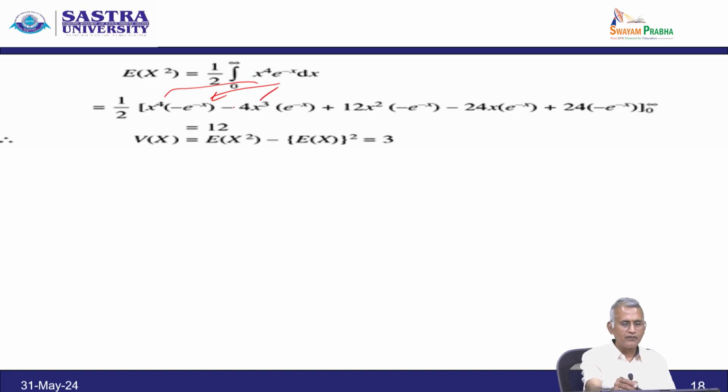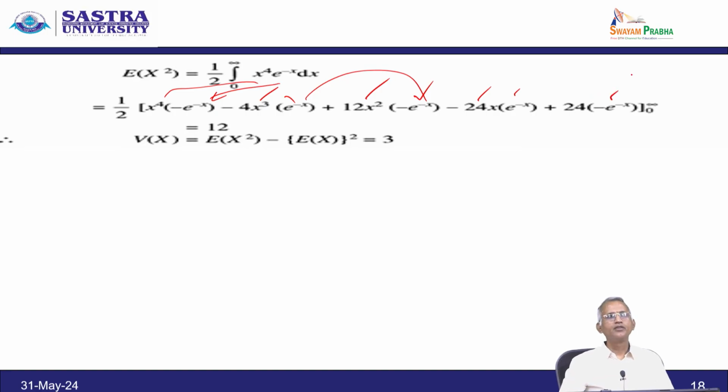Then 4x cube is differentiated to 12x square, and the corresponding e power minus x integral follows. Then 12x square is differentiated to 24x, and x is differentiated to 24, with e power minus x, then the limits 0 to infinity. So the value is 12. Therefore the variance of x equals e of x square minus e of x the whole square, which equals 3.